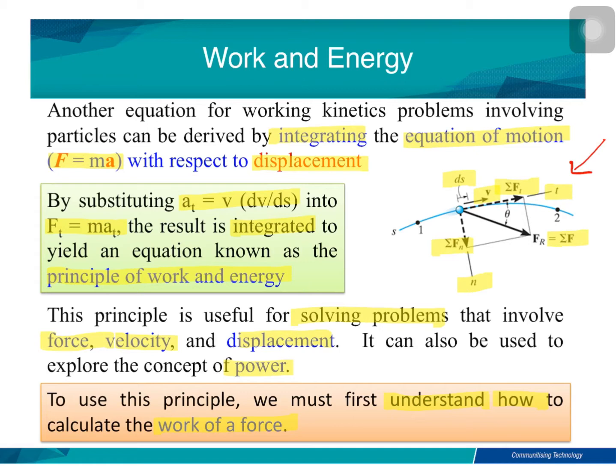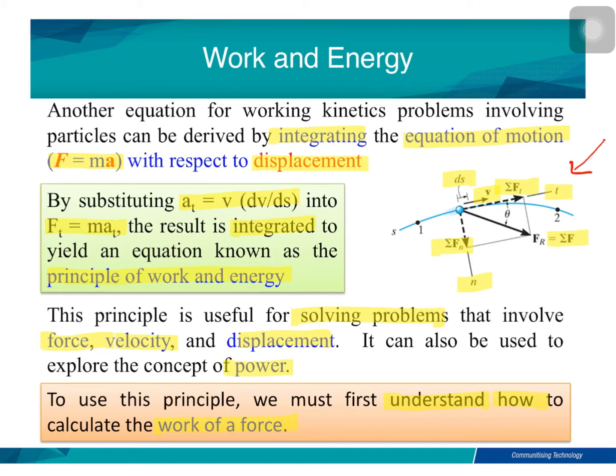By substituting a_t equal to v dv/ds into F_t equal to m a_t, the result is integrated to yield an equation known as the principle of work and energy. Remember, this principle is used for solving problems that involve only force, velocity and displacement. Also, it can be used to explore the concept of power.